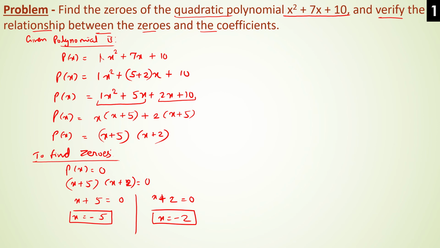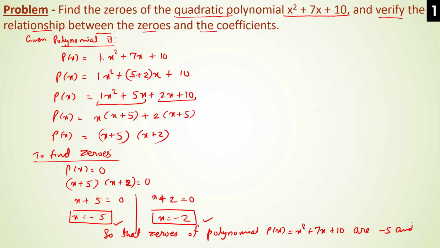So there are two zeros of this polynomial, minus 5 and minus 2, so that zeros of the polynomial P(x) equals x square plus 7x plus 10 are minus 5 and minus 2. This is the first part of our answer.